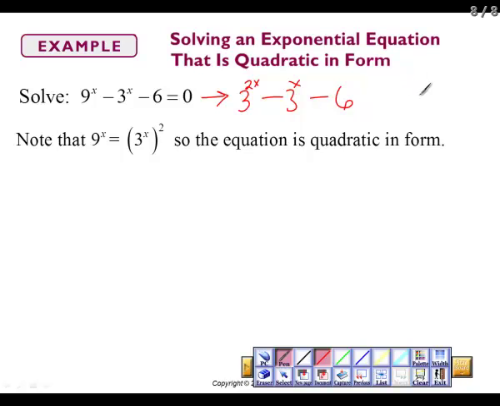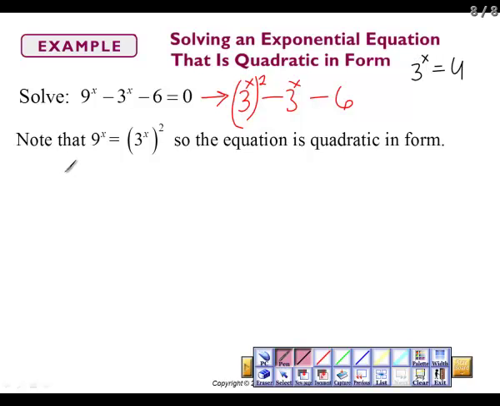And actually, if you wanted to leave it as 3 to the x, in parentheses, squared, like that, that would be fine too. And then what we could say at this point is that 3 to the x power, we're going to assign to u. So we're going to substitute u in for 3 to the x power.